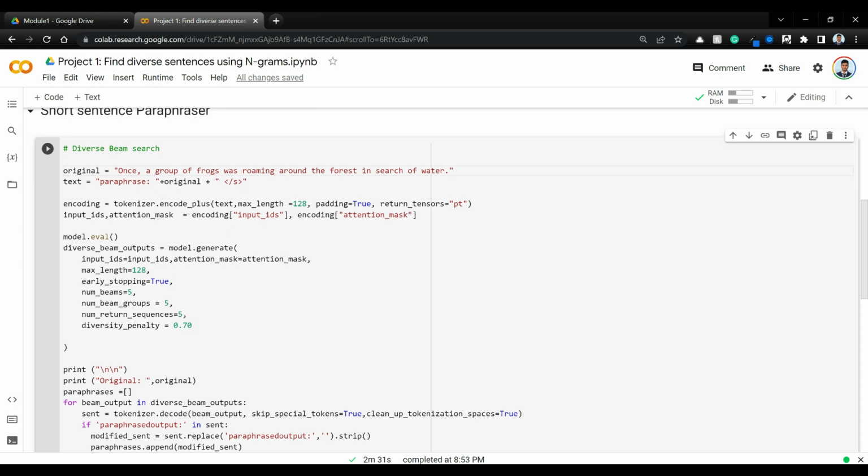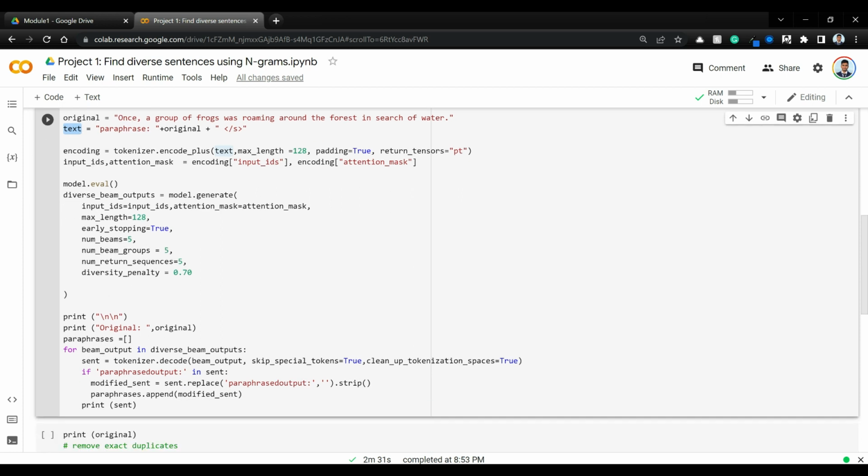So what's happening in these lines is that we are preparing the text for input to this model. That is, we have paraphrase colon and this sentence, and there is an ending token. None of these are important to us. And then we tokenize this text, and then we extract some input IDs and attention mask. None of these are important for what we are going to do.